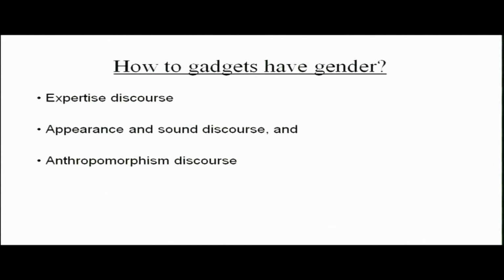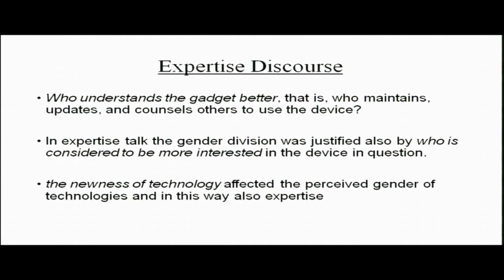So looking at scholarship and trying to understand how gadgets have gender, there are three discourses that help us understand how the gender script of any technology can be understood: the expertise discourse, the appearance and sound discourse, and the anthropomorphism discourse. The expertise discourse talks about who understands the gadget better, that is, who maintains, updates and counsels others to use the device.